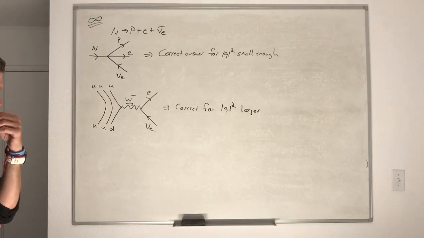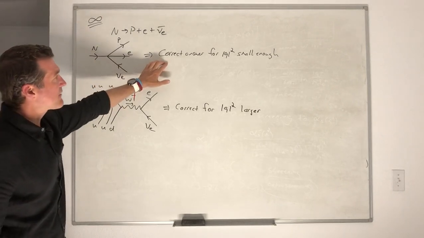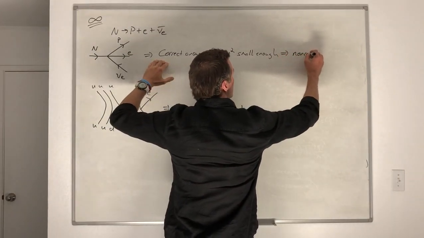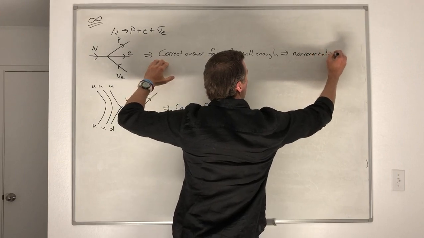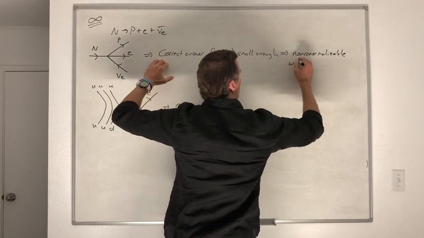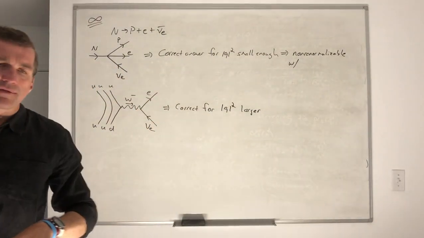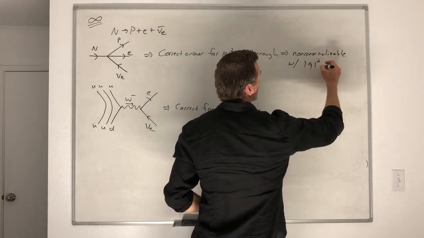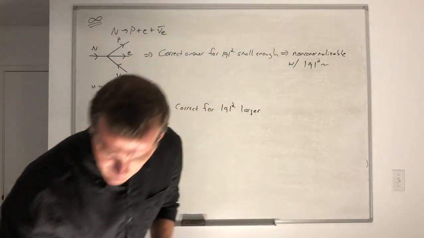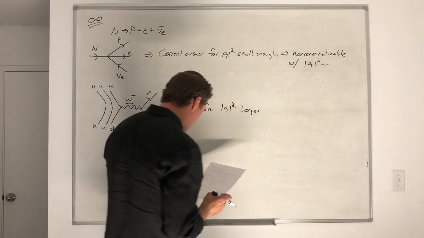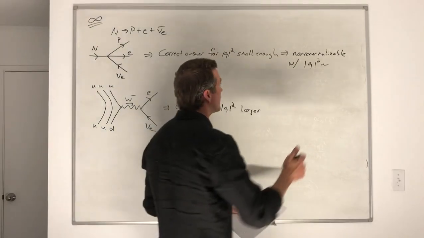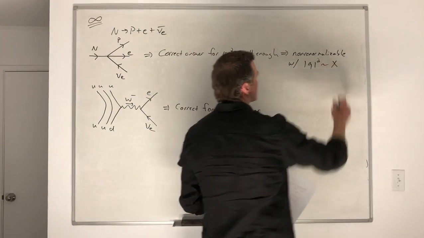Now, something that was noted is when they did this calculation, they discovered that it was non-renormalizable with q squared approaching what value? Well, actually, I'll just call it a number x.